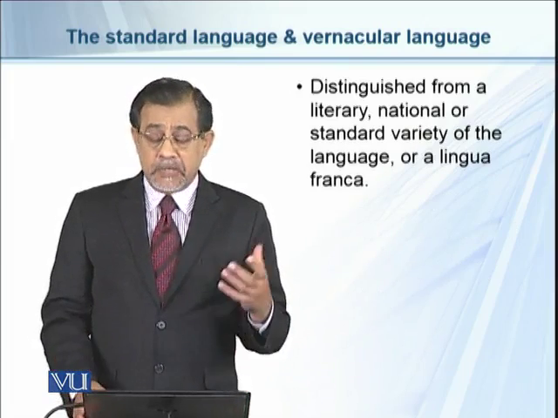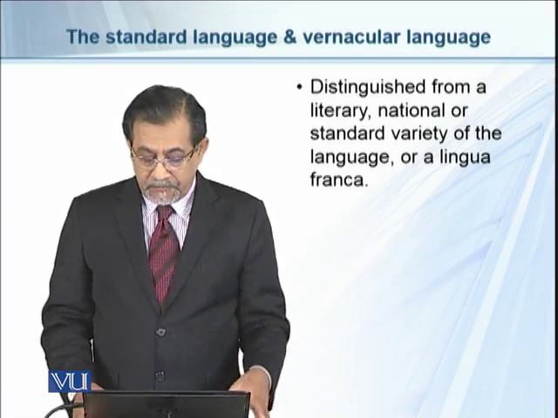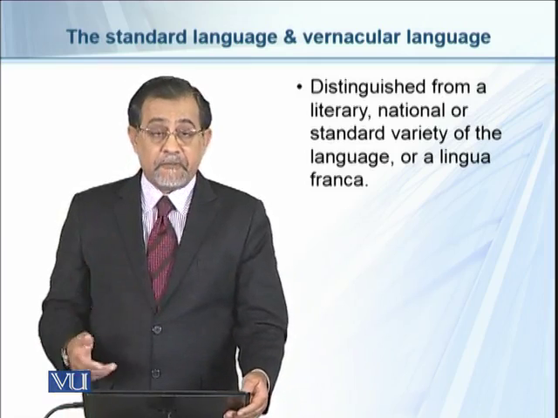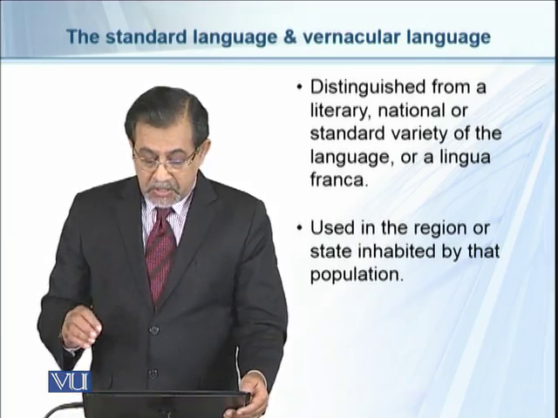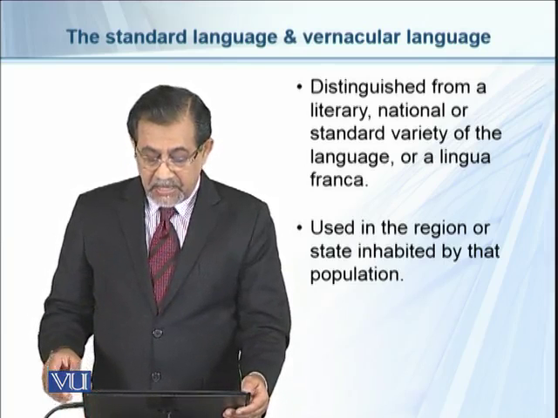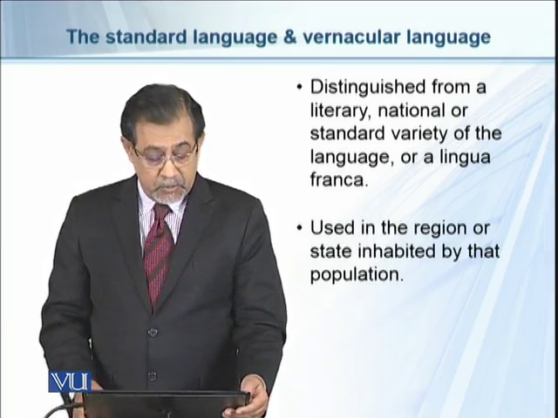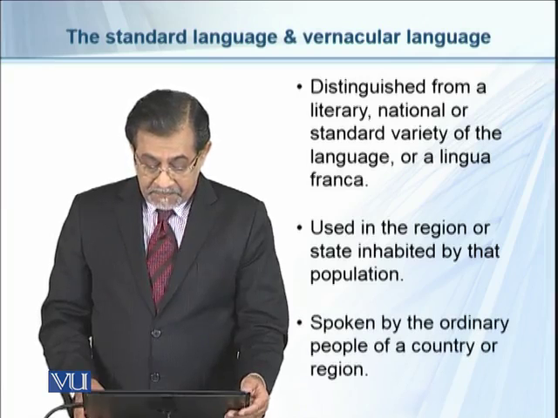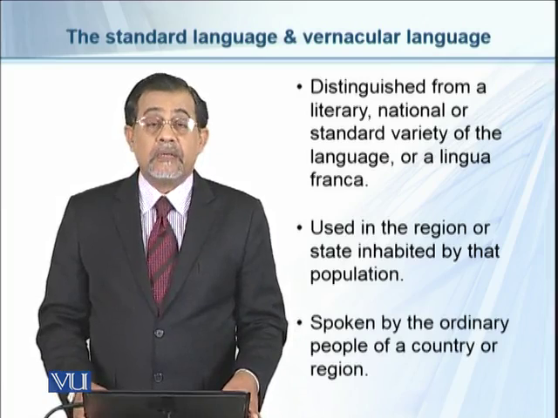It is distinguished from a literary, national or standard variety of the language or a lingua franca. It is different from the standard variety used in the region or state inhabited by that population. It's used by a specific group of people living in a specific area in a certain country and spoken by the ordinary people of a country or region.